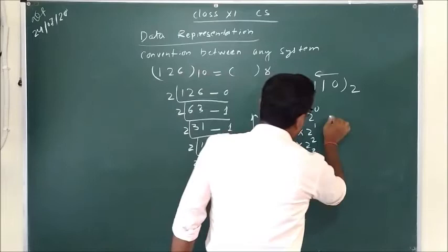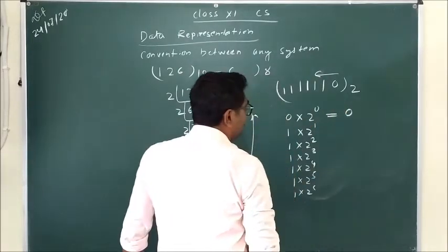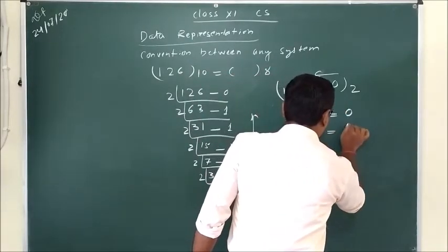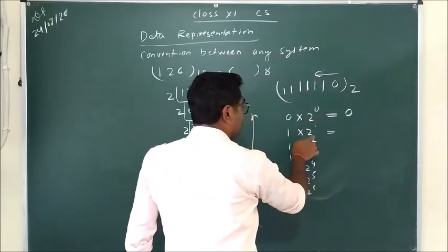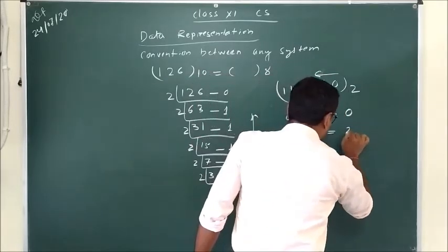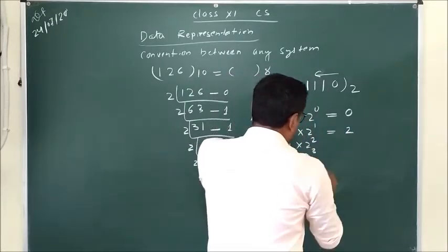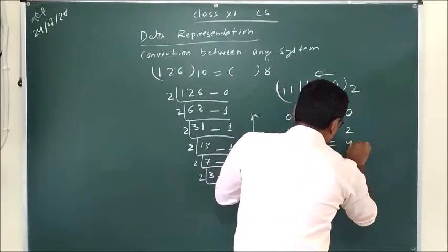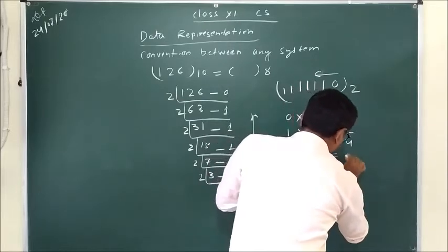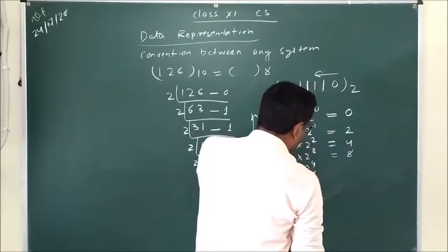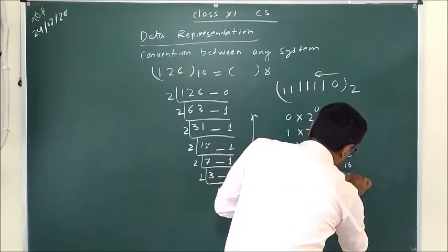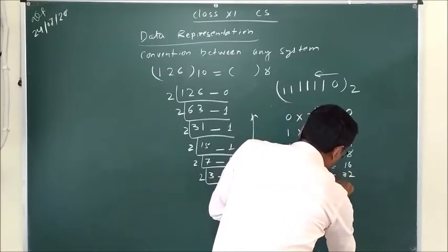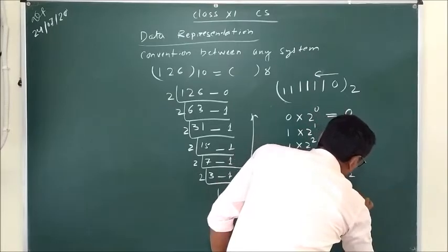Now 2 to the power 0 into 0 is equal to 0, 2 to the power 1 is equal to 2, 2 into 1 is equal to 2. Now 2 to the power 2 is equal to 4, 2 to the power 3 is equal to 8, 2 to the power 4 is equal to 16, 2 to the power 5 is equal to 32, 2 to the power 6 is equal to 64.